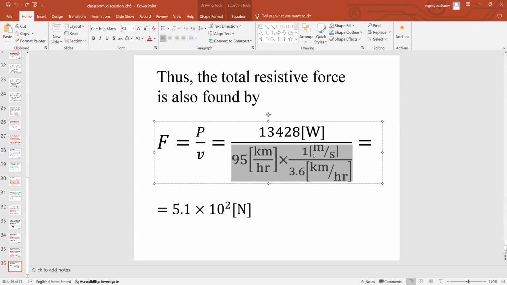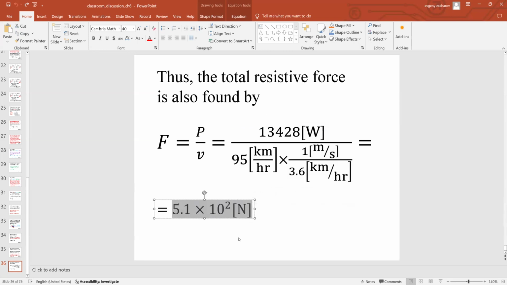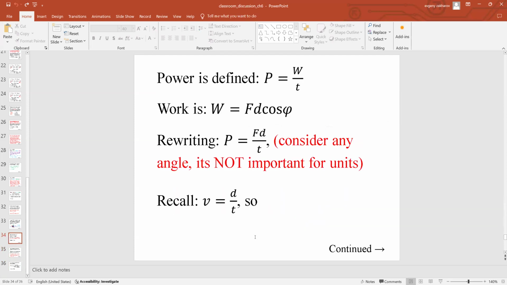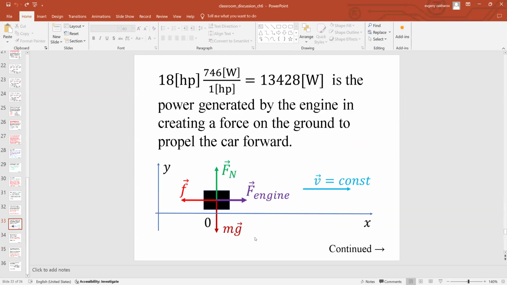You multiply by 1,000, divide by 3,600, and eventually you get to 500 newtons and some change, which is reasonable for a car that is traveling in a certain direction. There is a little bit of a drag, and that slows the car down with all the resistances and friction.